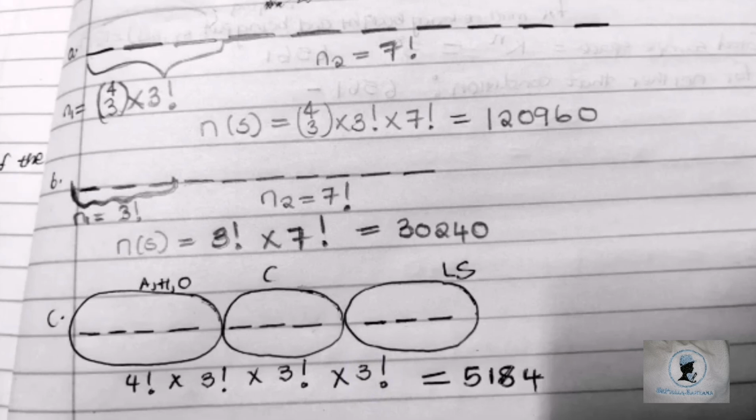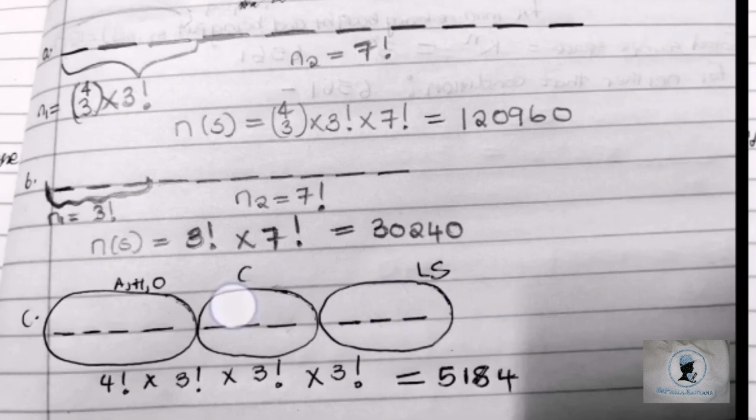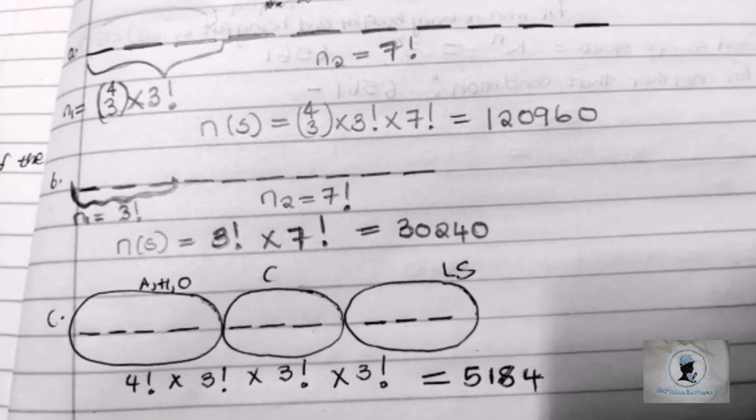It shows that the technician has 3 factorial ways in which he can choose the order in which he will repair those groups of refrigerators, right? I hope that you understand.